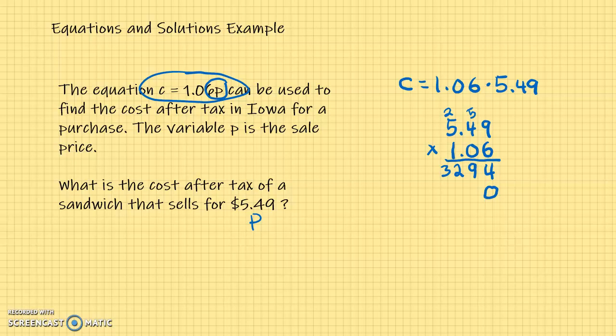So we have to put a little 0 right here just to indicate that, and then we start writing our numbers here. Okay, so let's go ahead. This part will be easy. 0 times 9 is 0. I'm going to put 0 right here. 0 times 4 is 0. And 0 times 5 is 0. Okay, that was simple.